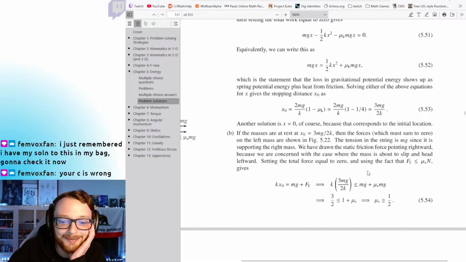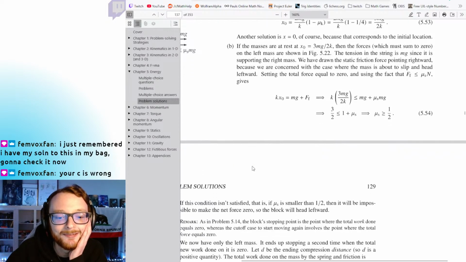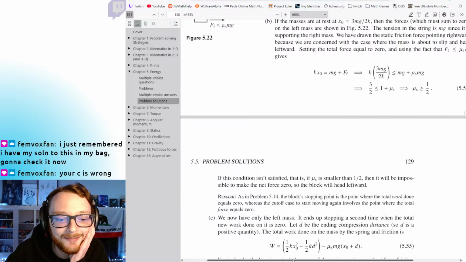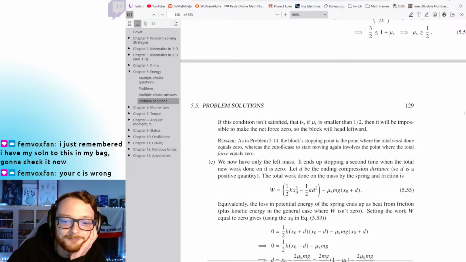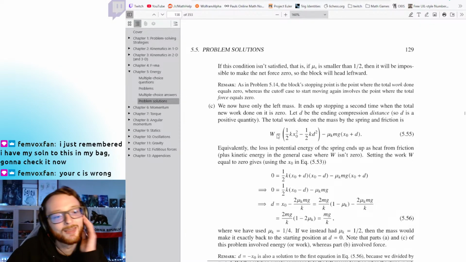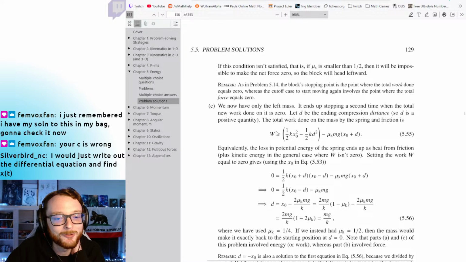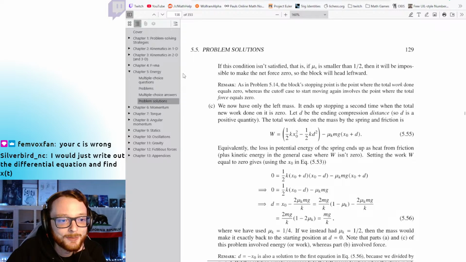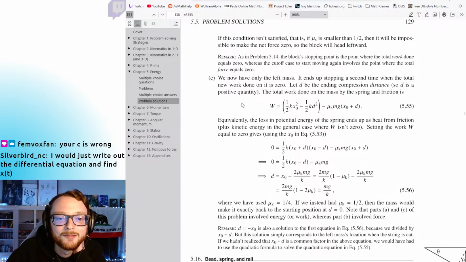A is right, B is right. Write out the differential equation. It's not a bad idea. I wanted to use energy because that's what the chapter is about, but MGO, oh, come on.